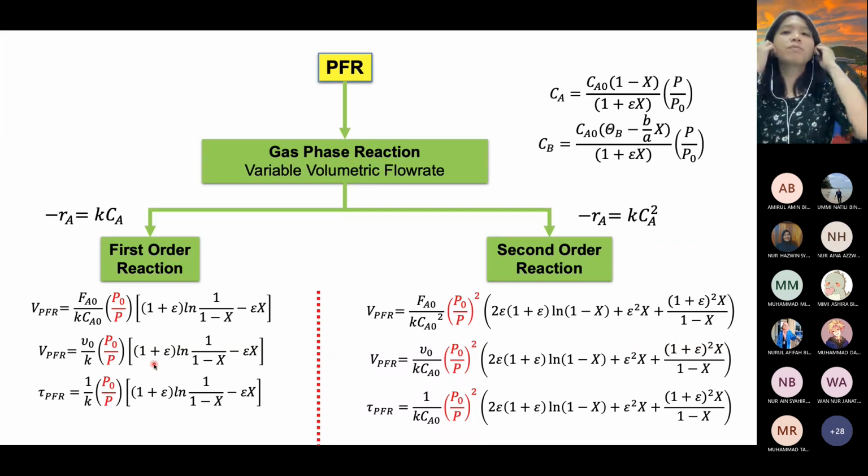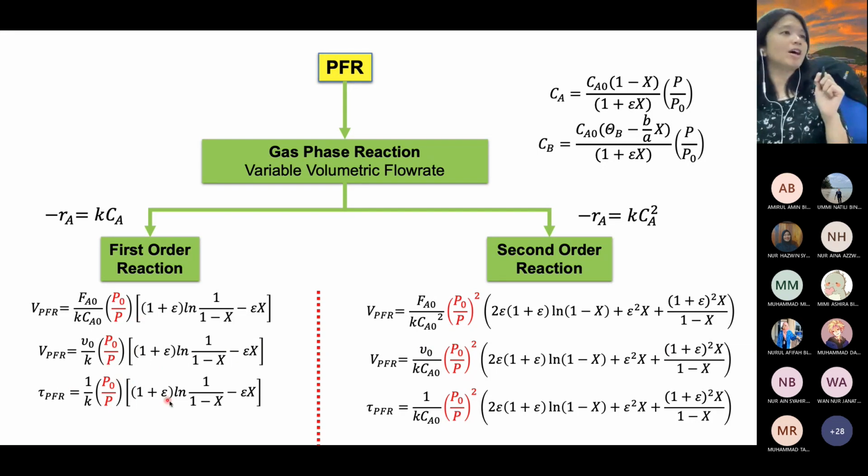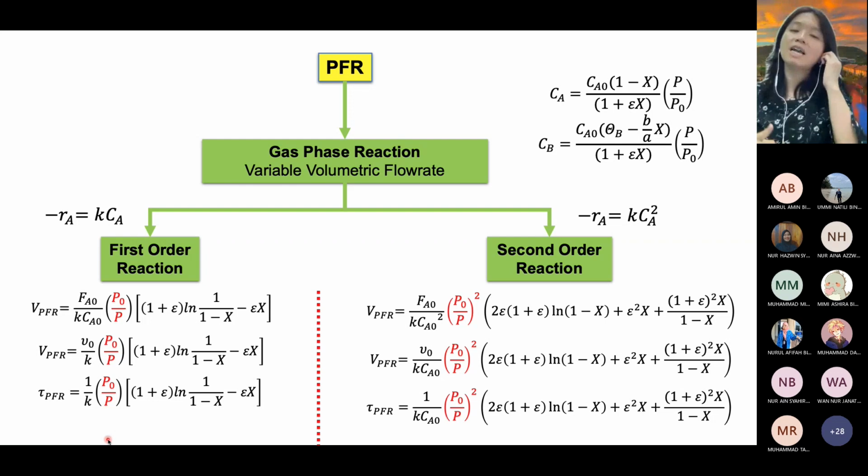Okay, so contohnya dalam case PFR ni, tadi saya ajar kamu dekat equation ni, tapi yang dalam color merah tu, ingat, tak ada part yang P0 per P. So sekarang saya dah tambahkan part P0 per P dalam equation saya. Bear in mind is only for gas phase reaction punya design equation.